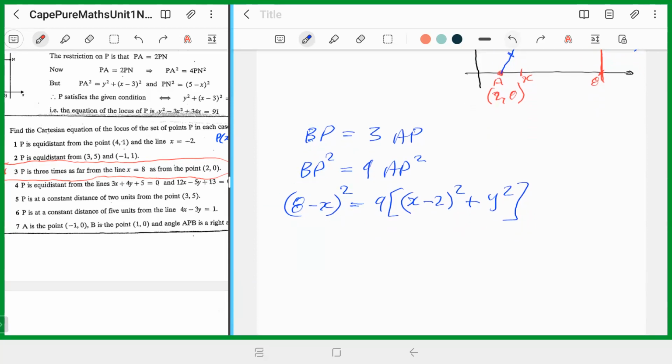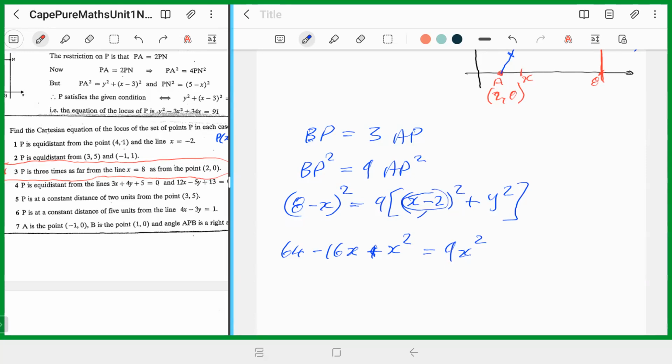I get 64 minus 16x plus x squared equals, when I expand this, I multiply it by 9. Let's expand this first. x squared times 9 is 9x squared. I'm going to get minus 4x as my middle term.